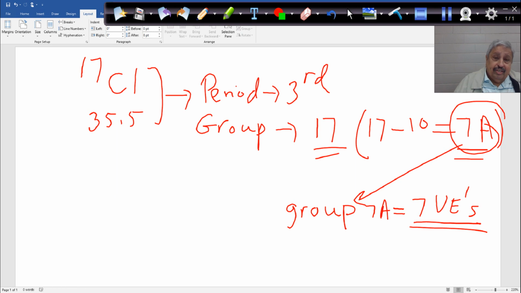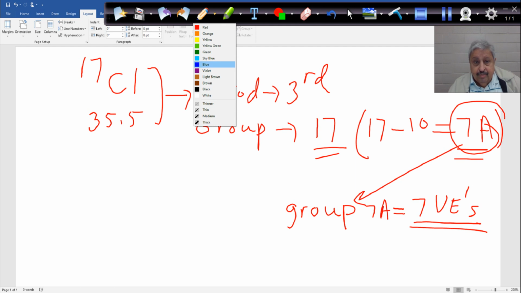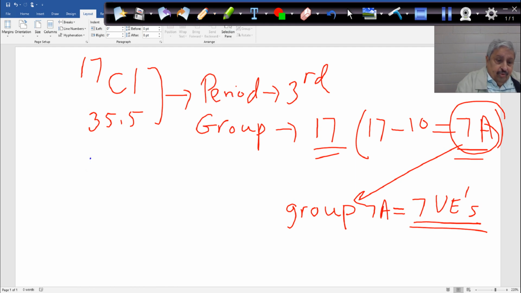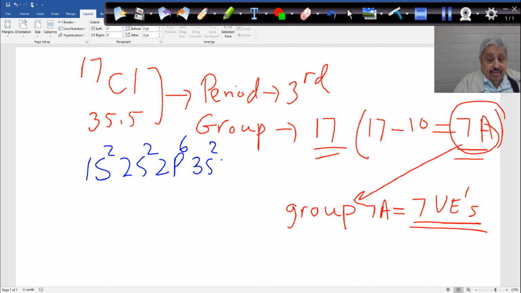So let's start together. Let's start 1s2. That's the first orbital. 2s2, 2p6. That's the second orbital. 3s2, 3p. How much left? That's 10. 12.